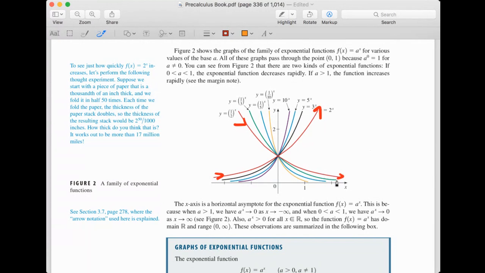And this is called exponential decay, because the y value becomes smaller when the x value becomes larger. And you see every graph passes this common point 0, 1, because it doesn't matter what the base is. Any number raised by 0 is 1. So they're all passing this common point.